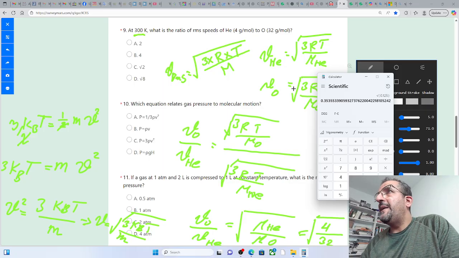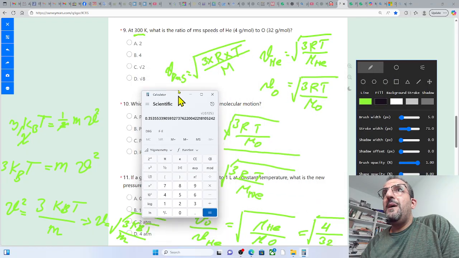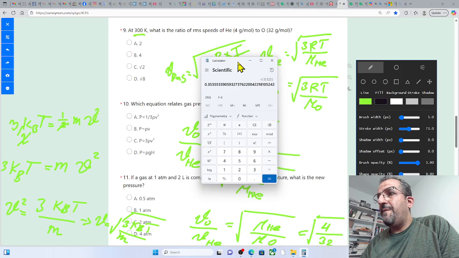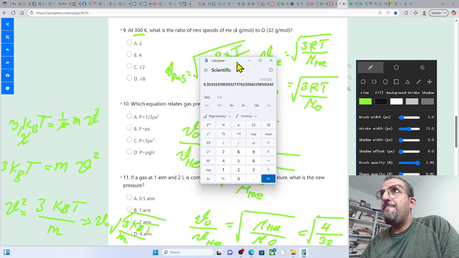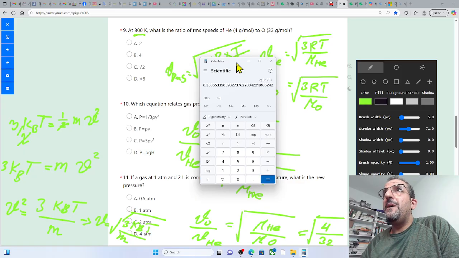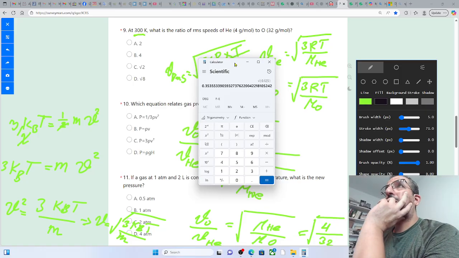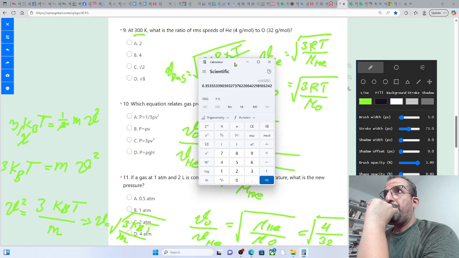So I think we need to divide. The oxygen is 32. What's the ratio of root mean square speed of helium to oxygen?